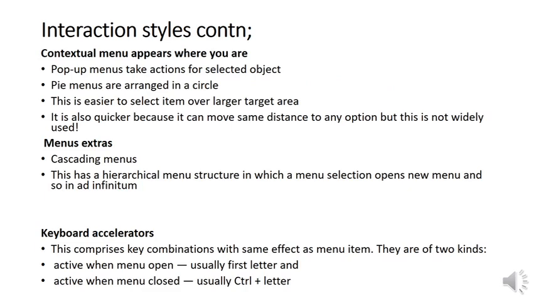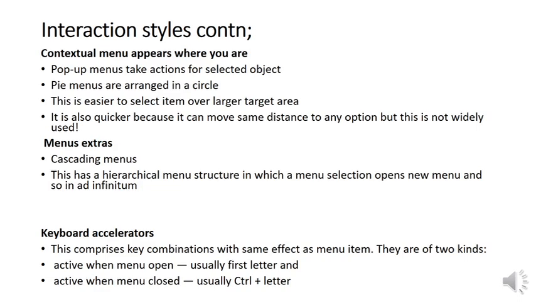Then we have contextual menu, which appears where you are. Pop-up menu takes action for the selected object. Pie menus are arranged in a circle. This makes it easier to select an item over a larger target area. It is also quicker because it can move some distance to any option, but it is not widely used.